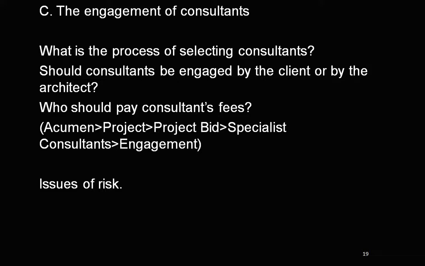Right? Because it may be a mate of the client's, that's all fine and well, but they need to be able to do the job, they need to be the right person. So it's the architect's job to make sure that the group of consultants is actually one that's going to be able to get the job done.